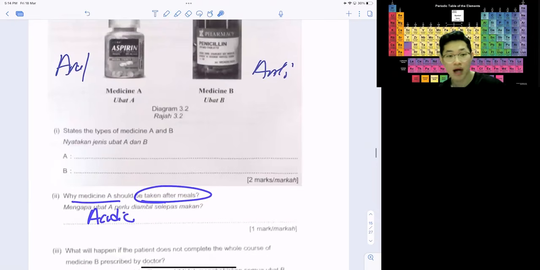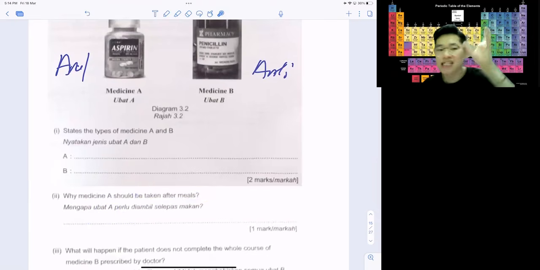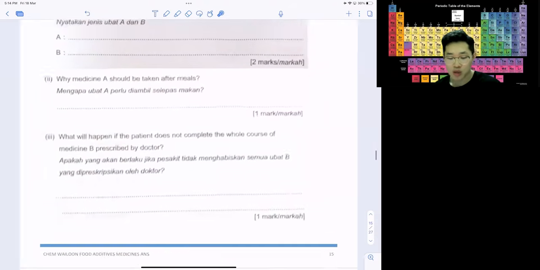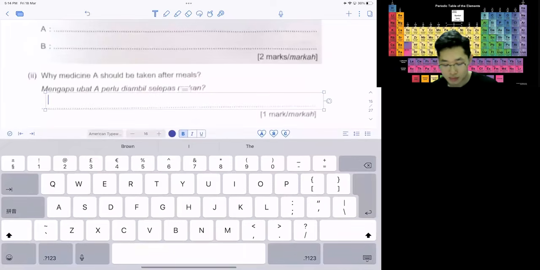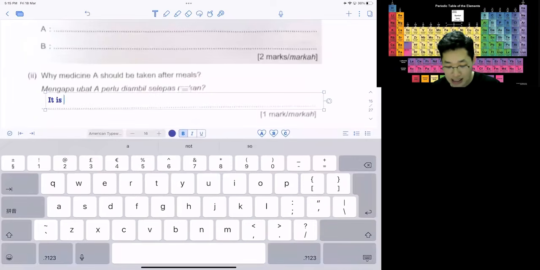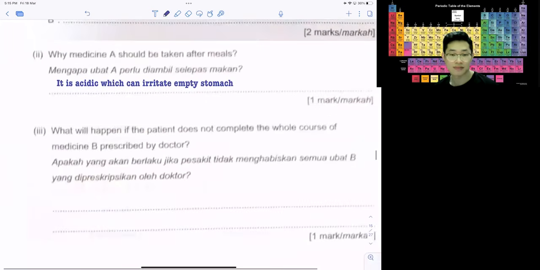So you have to know when to write acidic in nature and when to write cause internal bleeding. What I would say is it is acidic, which can irritate an empty stomach. Or you can say cause internal bleeding also can.